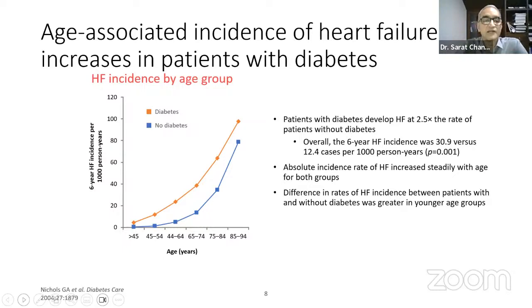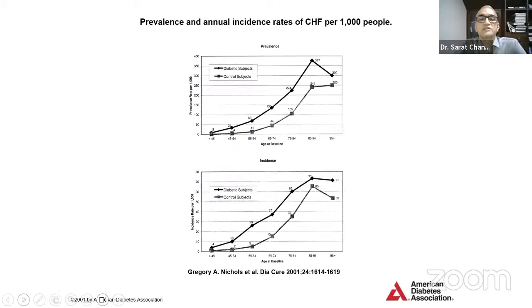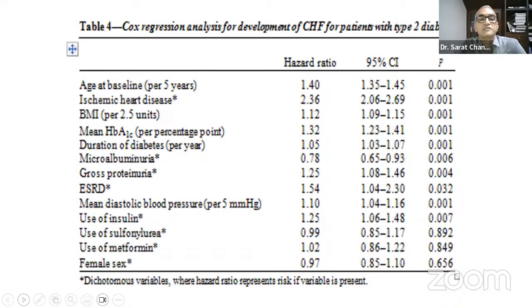You can see it further in another slide. These are Cox regression analyses for development of heart failure for patients with type 2 diabetes. This is from the same Dr. Nichols data. You can see here most of these factors are shown. Age at baseline per 5 years, the incidence increases.